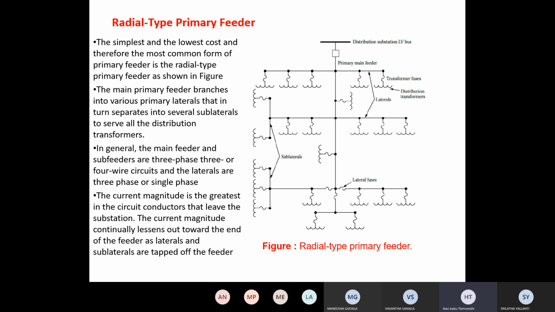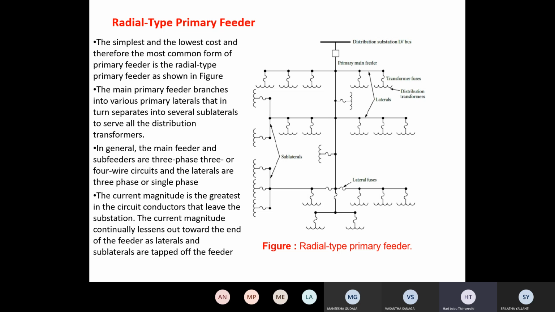Now the reliability of service, the continuity of the radial primary feeder, is very low. As we discussed in the radial distribution system, there is no continuity of power supply. That's why reliability is low, and continuity of power supply is also low. Why? What is the reason?